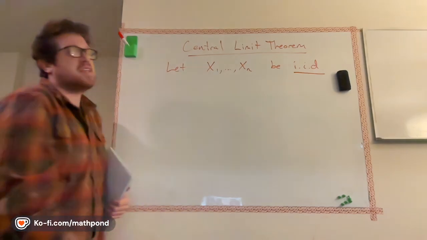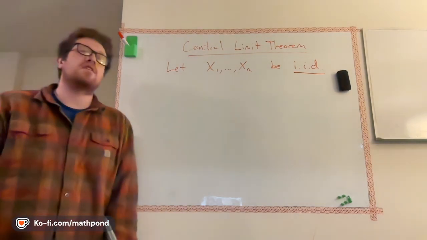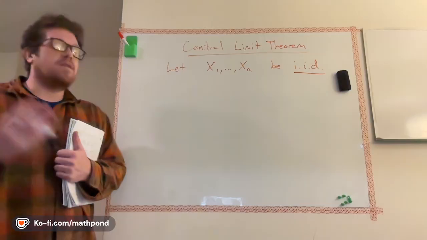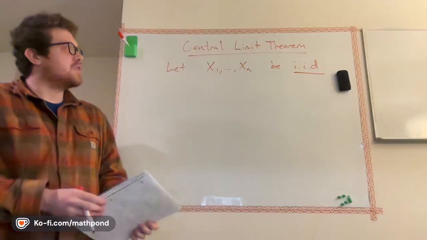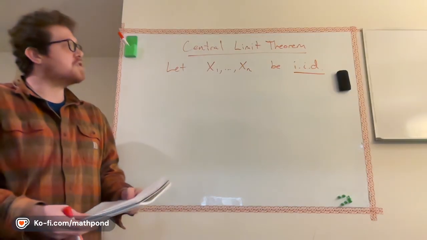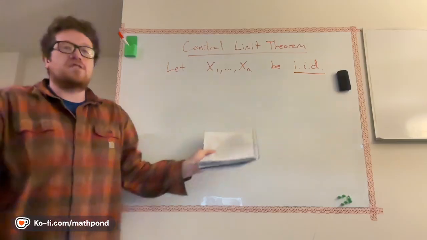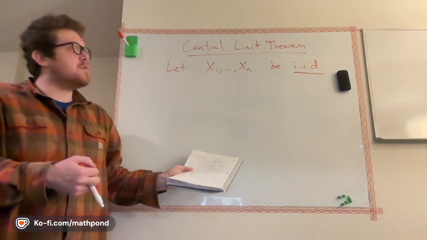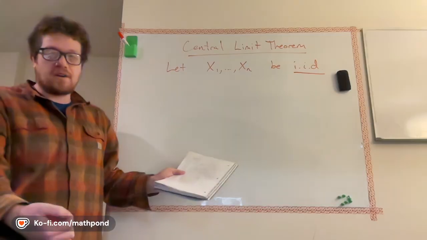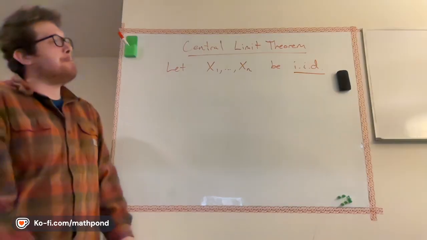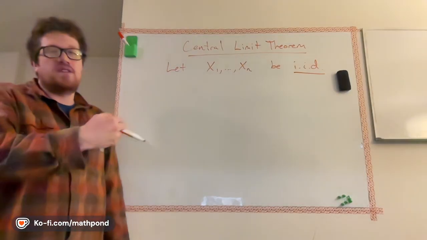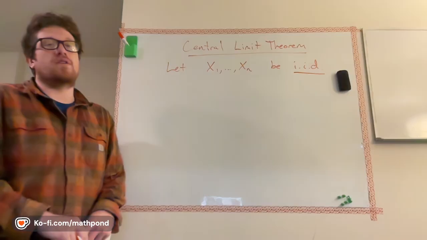The fact that they're identical means all the means, standard deviations and moment generating functions will be identical. So independence gives us multiplication of the moment generating functions when we add the variables, and the identical part just means all the moment generating functions are the same.